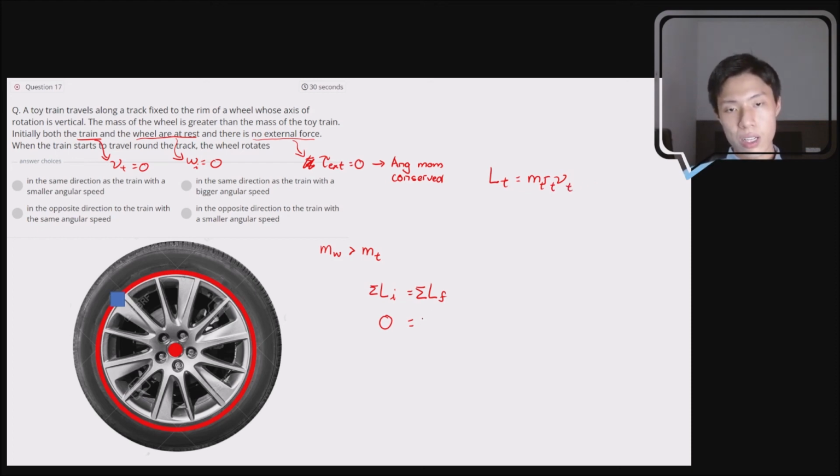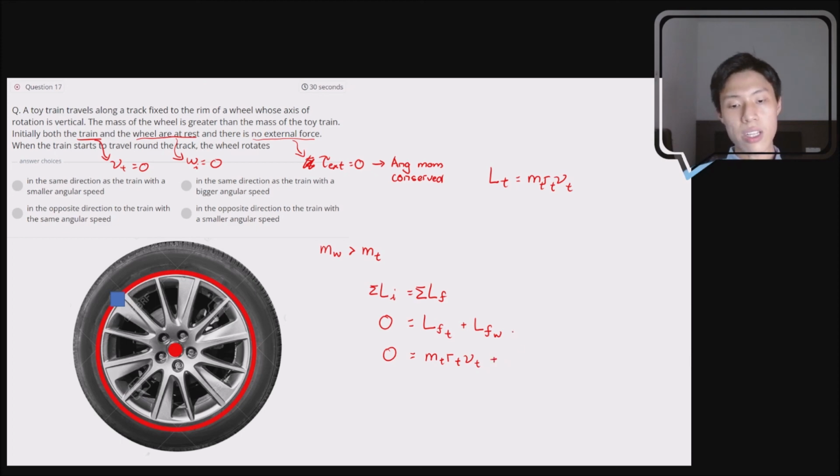Let's write it down slowly. This will be the angular momentum final of the toy train plus the angular momentum final of the wheel. There are two components here. One of them is m, the mass of the train, times the distance of the train from the axis of rotation, times the speed of the train.